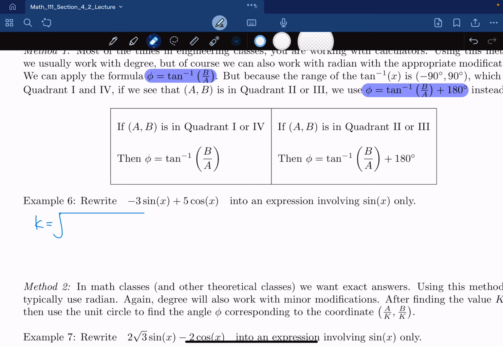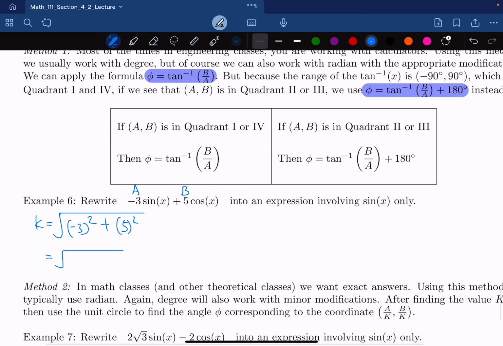Actually, let me just write this down here. It's going to be negative 3 squared plus 5 squared. Negative 3 squared is 9, plus 5 squared is 25. 9 plus 25 is 34.